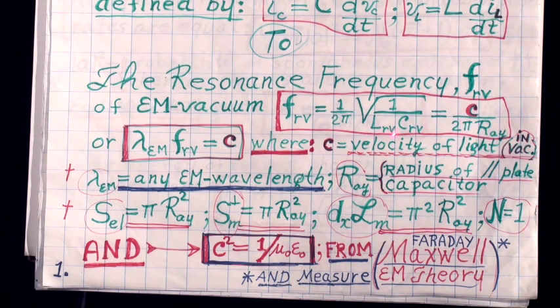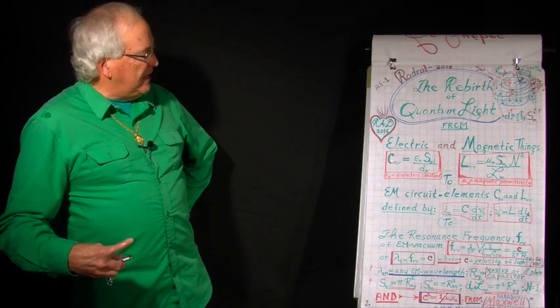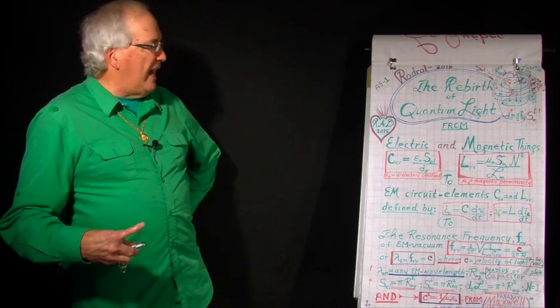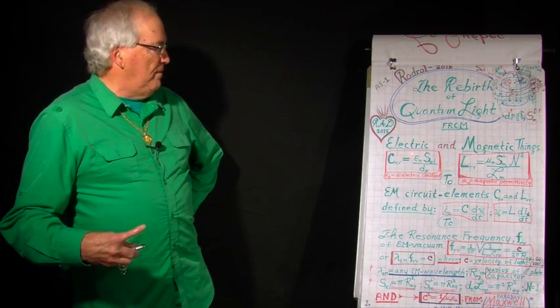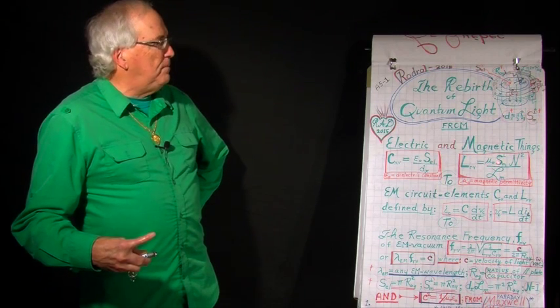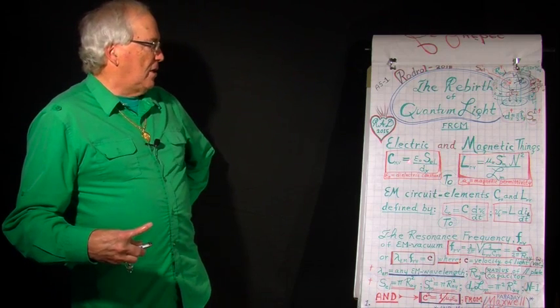But using the physical and electrical engineering definition of capacitance physically and inductance theoretically, you have these. The capacitance is directly proportional to the permittivity of the vacuum, and the inductance is directly proportional to the permeability of the vacuum, which are the two fundamental constants.